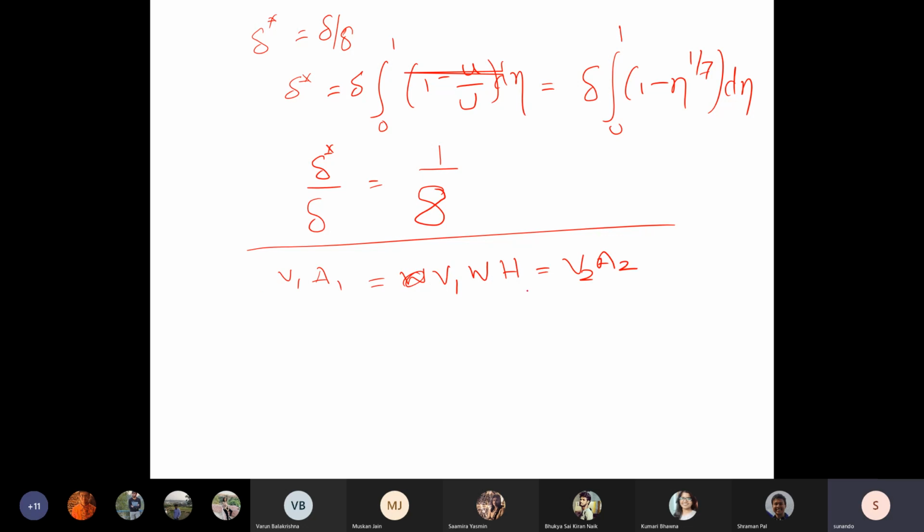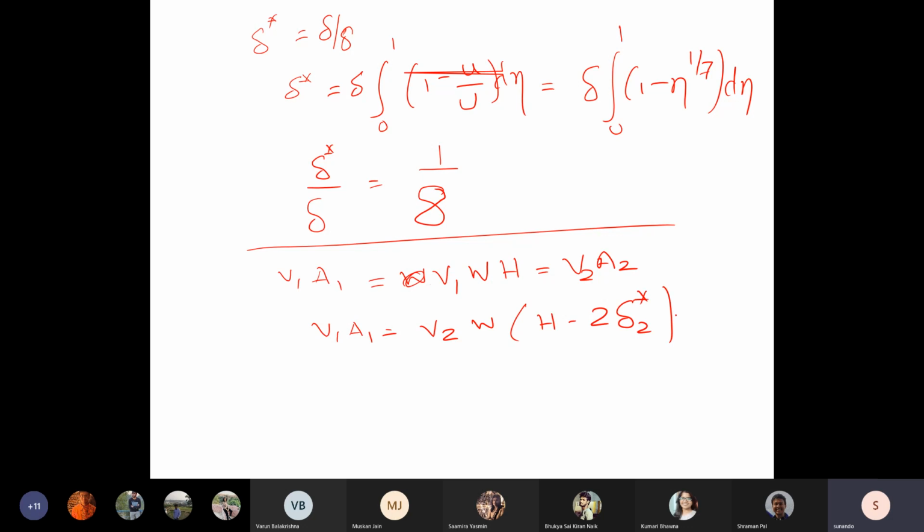This is the continuity equation which you are saying. V1 A1 should be equal to V2 times W times the height, where W will cancel from both sides, but this height is going to be H minus 2 delta 2 star.